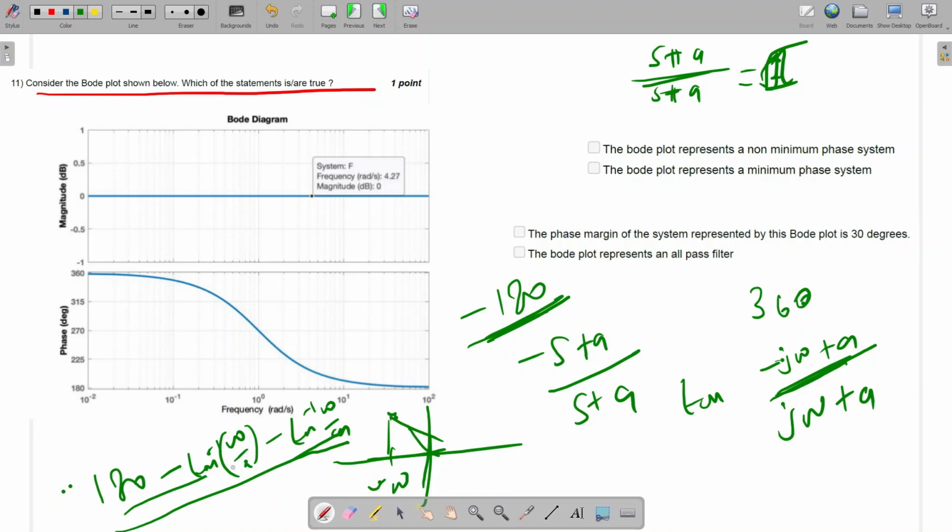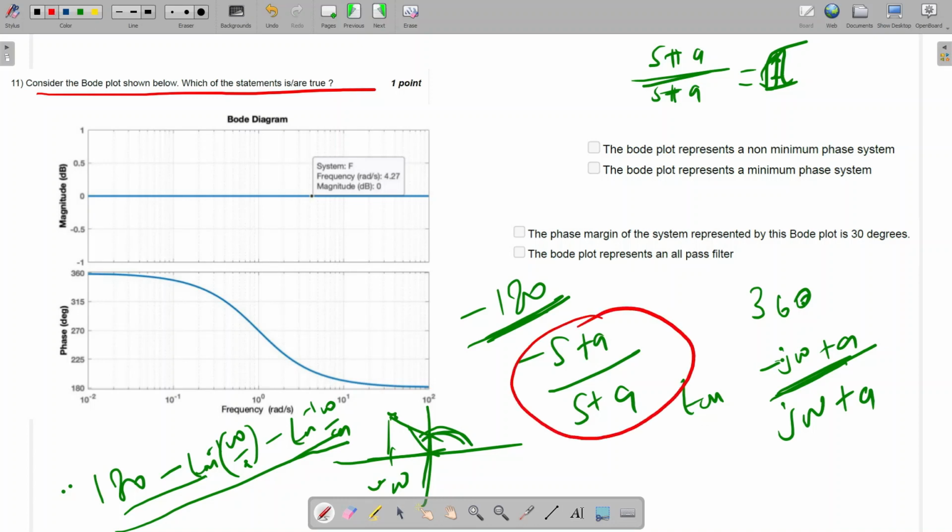And at omega equal to 0, we are getting plus 180. There is some mistake here. Any mistake? So this will be the non-minimum phase. See, 360 to 180 degree it is coming. Like this we should analyze.